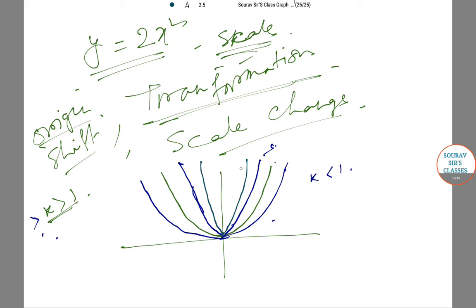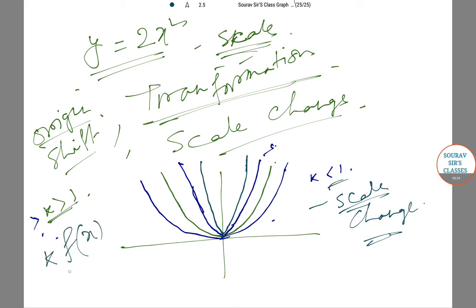In this way, the transformation happens as a scale change. It is a function of the type k times f(x), and the origin shift is f(x) plus or minus k.